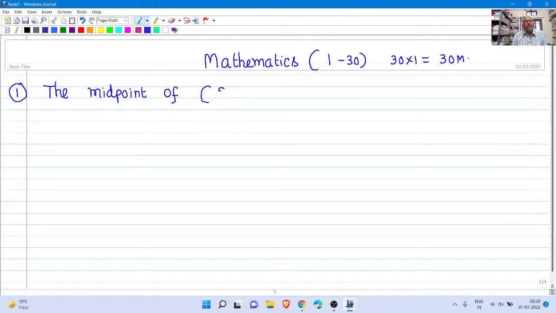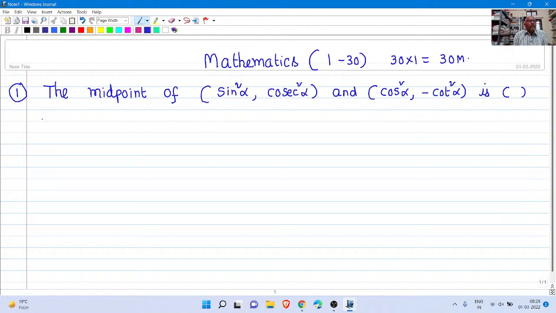sine square alpha, cosecant square alpha and cos square alpha, minus cot square alpha is.